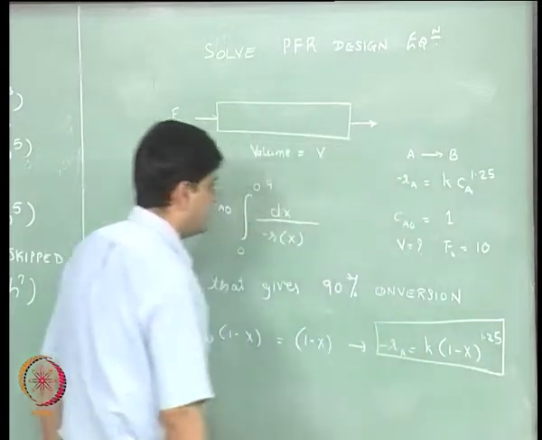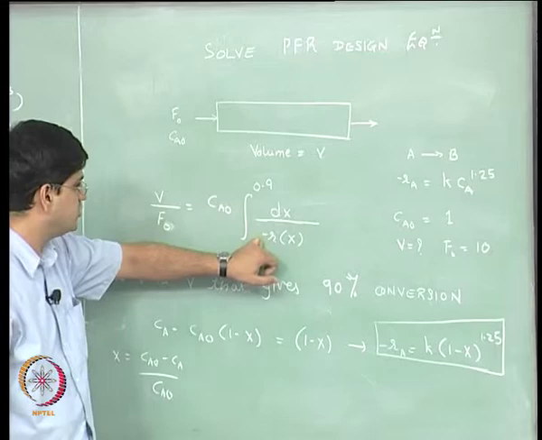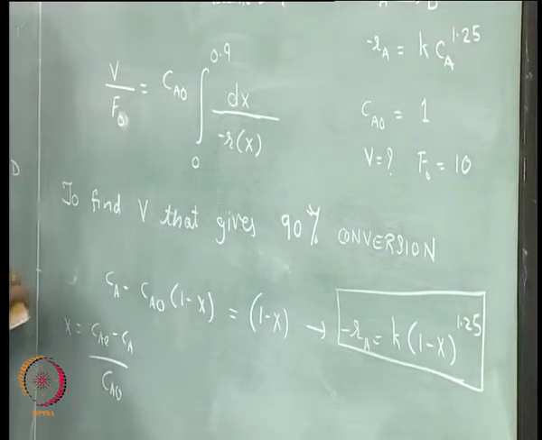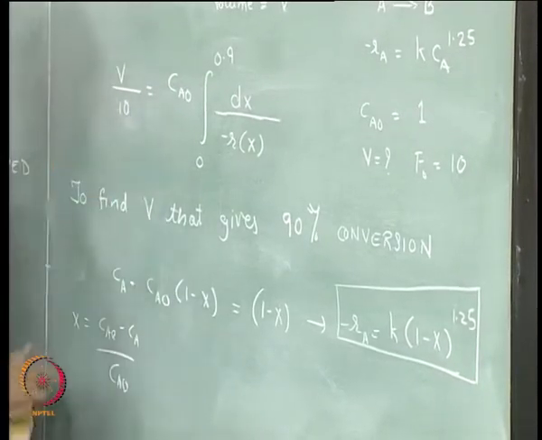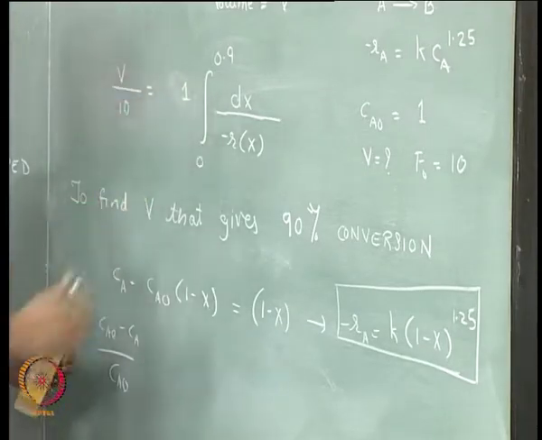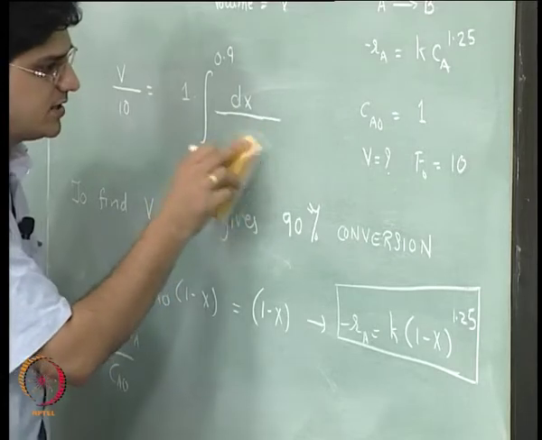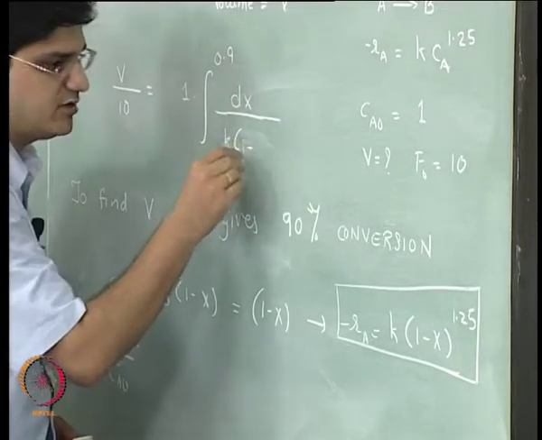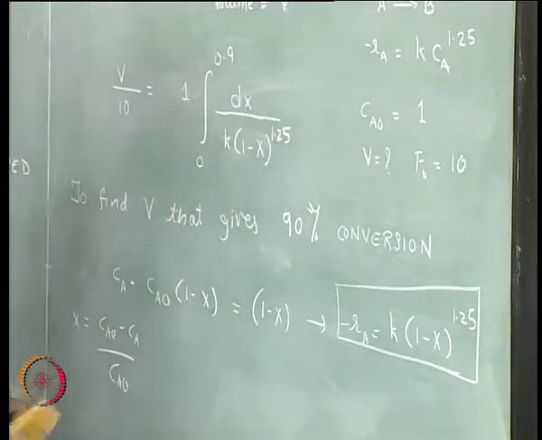Okay. And when we substitute this particular equation into this and we substitute all the values over here, we will get V divided by F0, which is 10, equal to Ca naught, which is 1, multiplied by integral dx divided by minus Ra, and minus Ra is going to be K times (1 minus x) to the power 1.25.